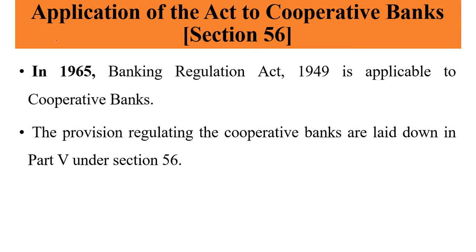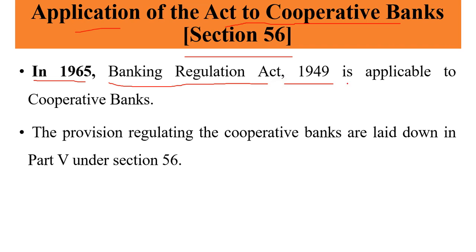Next is section 56. Section 56 is the new section which was added in the Banking Regulation Act 1949, and this section defines the application of the act to cooperative banks. In the year 1965, the Banking Regulation Act 1949 became applicable to all the cooperative banks in India.